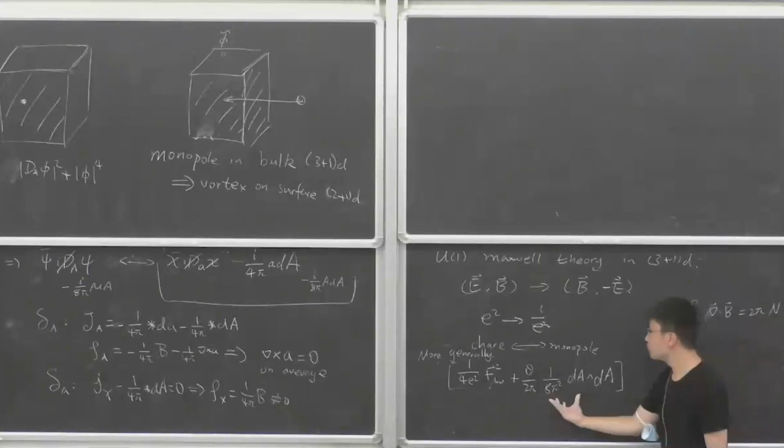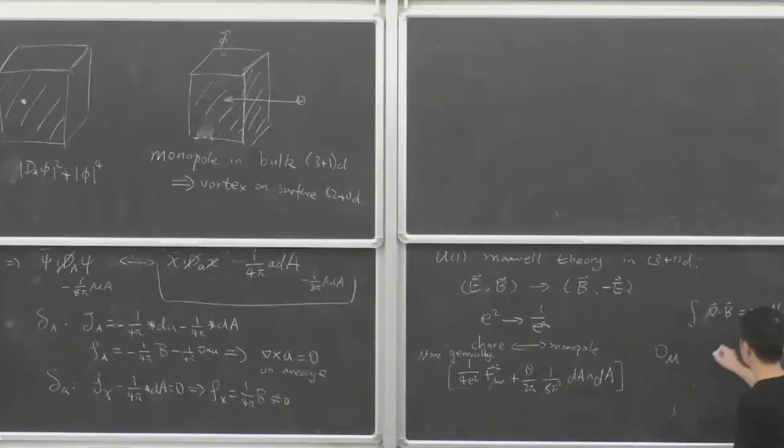This term will assign an electric charge to the monopole. So if the magnetic charge Qm is n, then the electric charge will be theta over 2 pi times n. Okay, so that's what the theta term does.